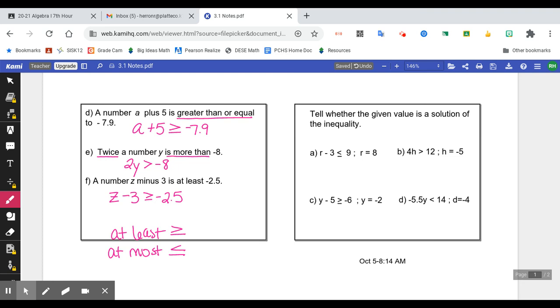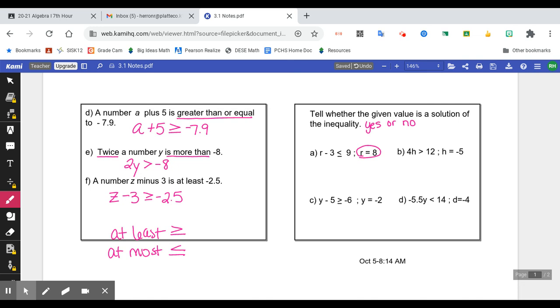Okay, so let's switch over and do our substitution to see if our solution is true or not. Tell whether the given value is a solution of the inequality. So you're actually wanting to put yes or no here for whether or not this could be an answer that makes this inequality true. Okay, so r minus 3 is less than or equal to 9, and r equals 8.